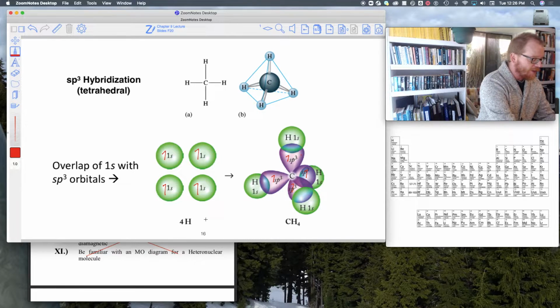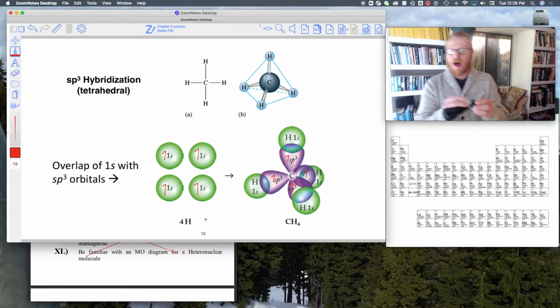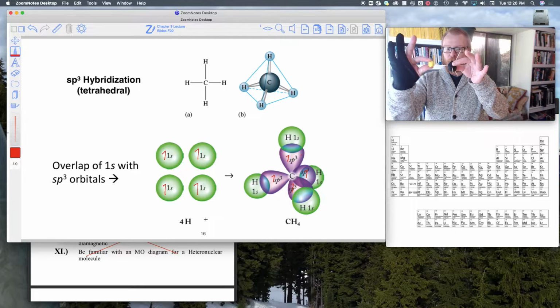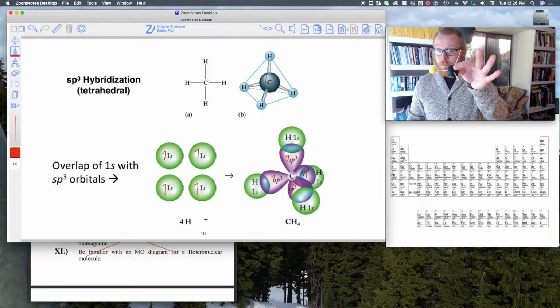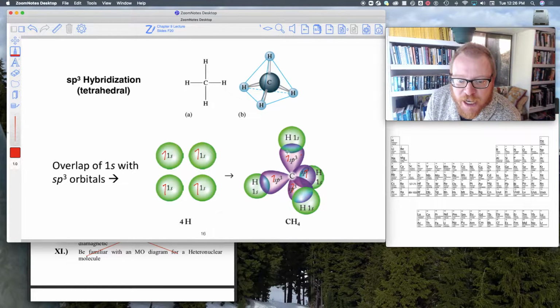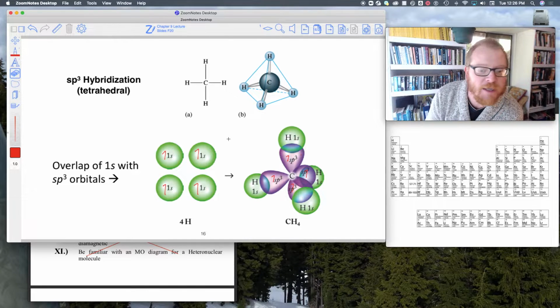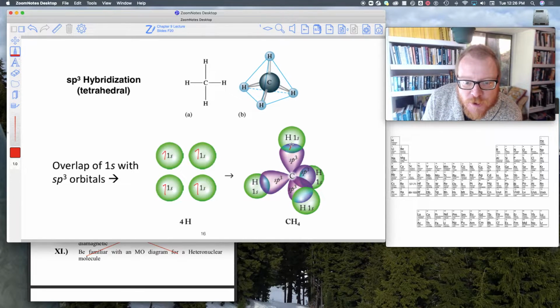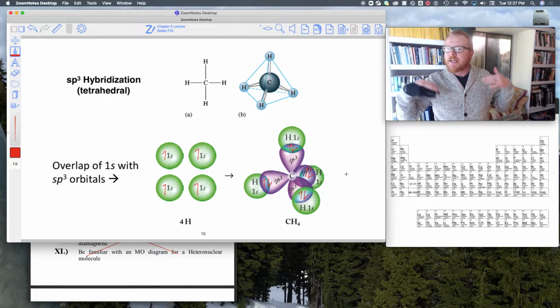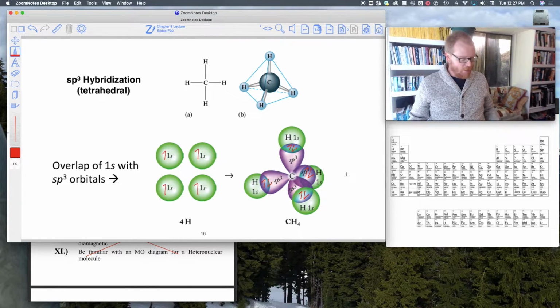So now, just like I showed you in that previous model, as I move these closer and closer together, they start to overlap and make a bond. And they make a bond because now in this shared overlap region, let me draw these arrows in the overlap region, okay? So now we actually get an electron pair in these overlapping regions, right? A spin up, spin down electron that makes these things bond, okay?